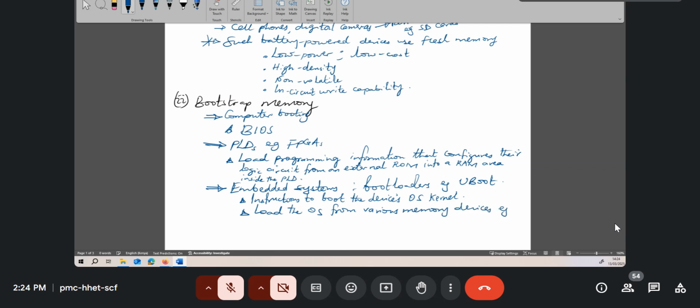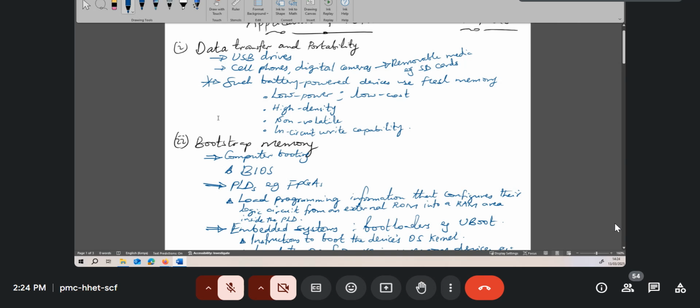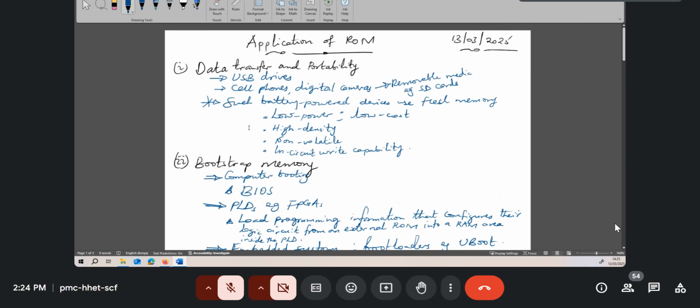For example, those memory devices could be an SD card, or an embedded multimedia card. So these are some of the areas that we find ROM memories being utilized in.